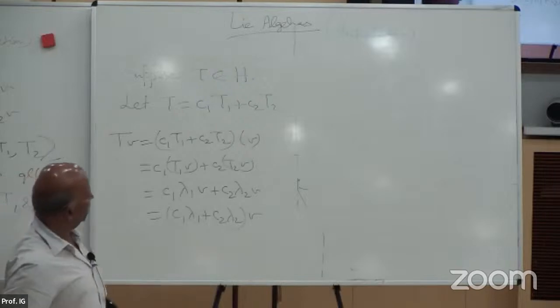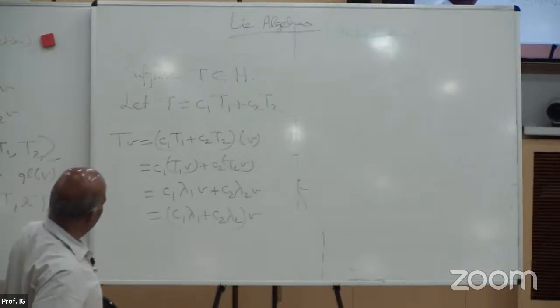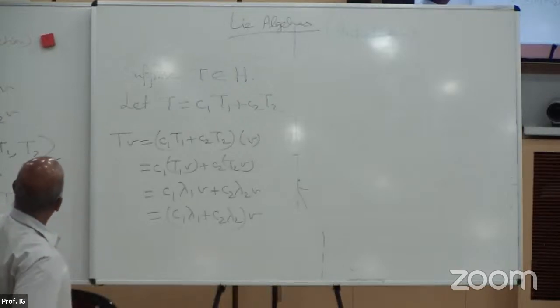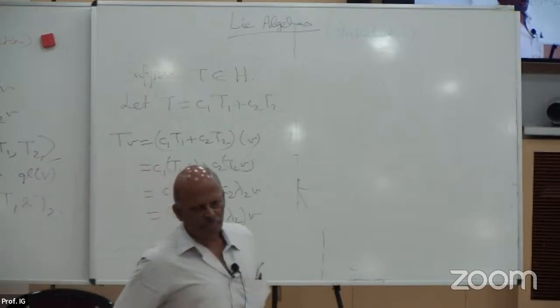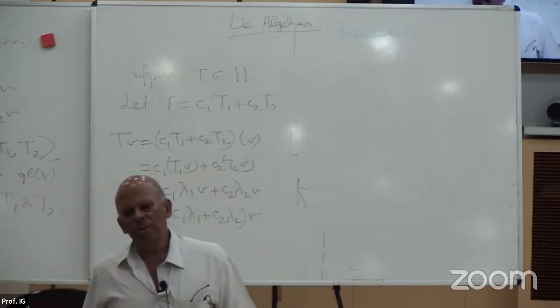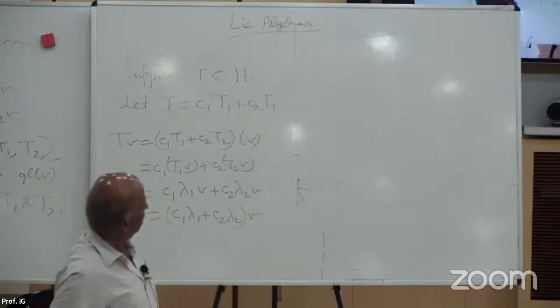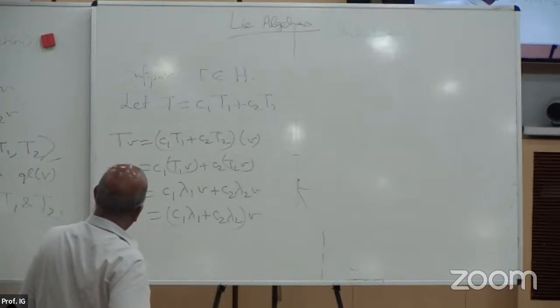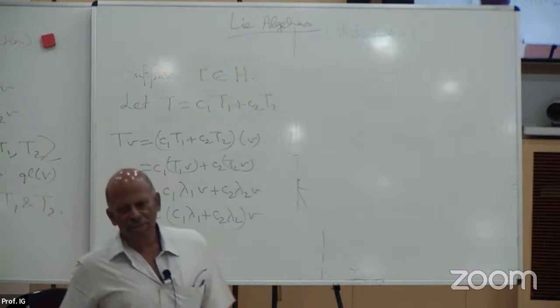So the coefficients have come out very nicely like this. If you see what I mean here, from eigenvalues lambda 1, lambda 2, if we have C1 T1 plus C2 T2, we are going to get C1 lambda 1 plus C2 lambda 2.